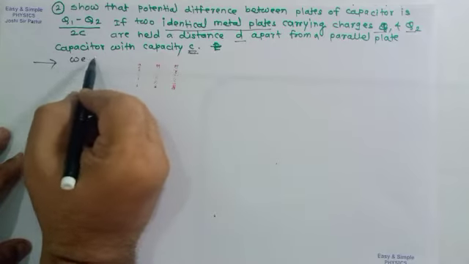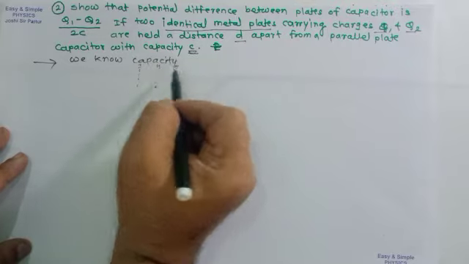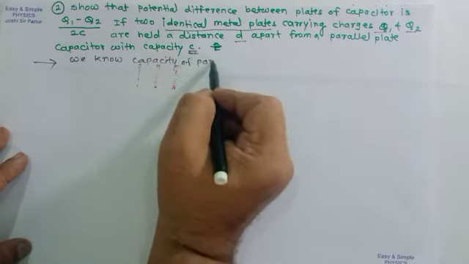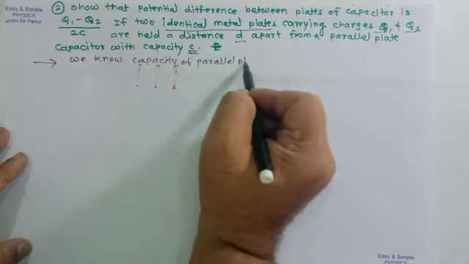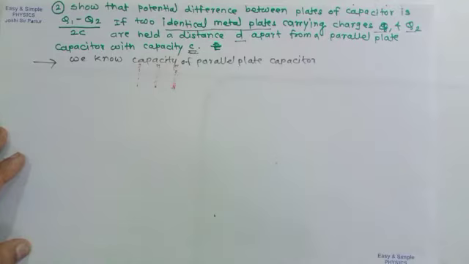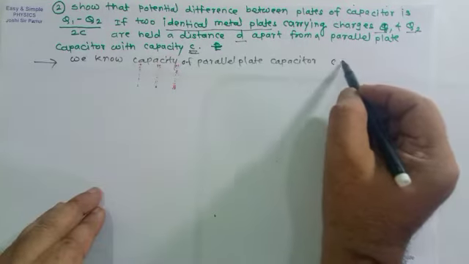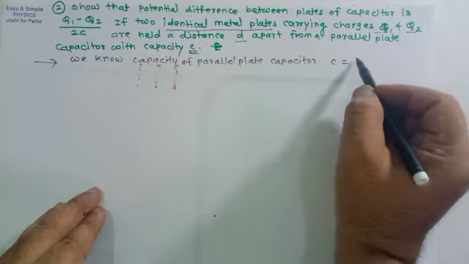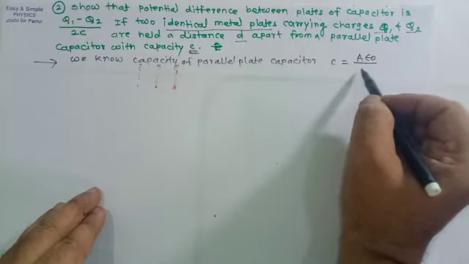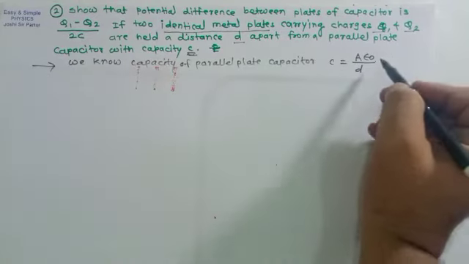We know the capacity of a parallel plate capacitor will be C equal to A epsilon 0 upon D. Actually, here K is there.